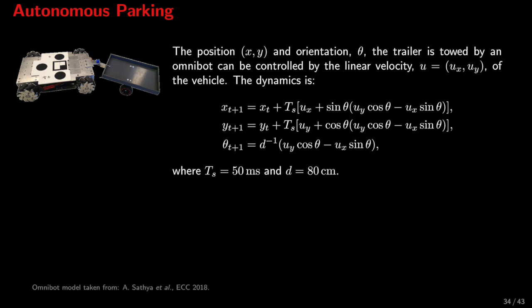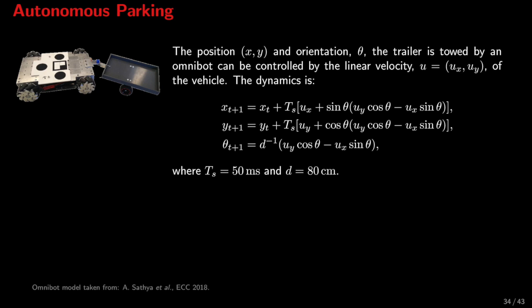We will give an example of an omnibot, a certain vehicle that we need to park. This omnibot can move in any direction on the two-dimensional plane and is towing a trailer. The position of the vehicle is denoted by x, y, and the orientation of the trailer is described by the angle theta.